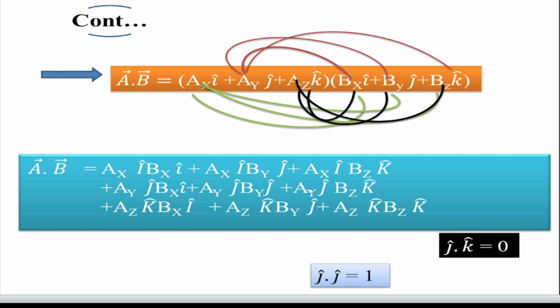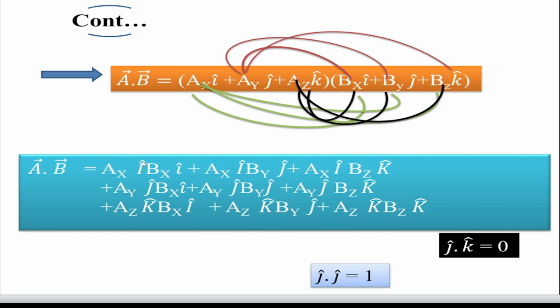Unit vectors j and k are mutually perpendicular. Unit vector k and unit vector j are mutually perpendicular. Great. Look, these vectors are parallel to each other. That means the angle between them is 0 degrees.